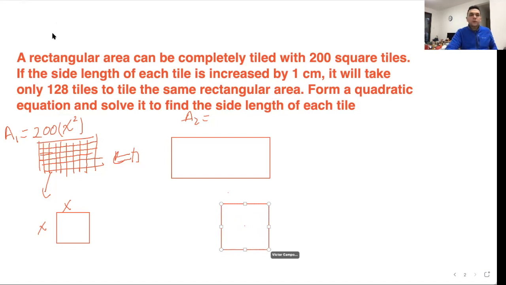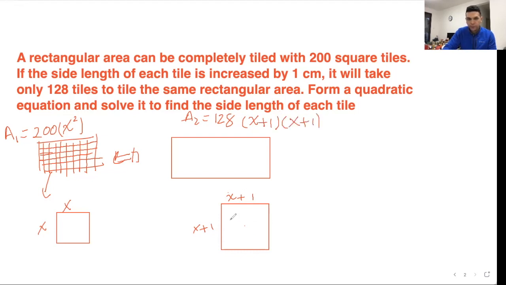All right, so if we increase it by 1 centimeter, right? x plus 1. It says that we can use 128 tiles. So the area will be given by 128 times x plus 1 times x plus 1, right?